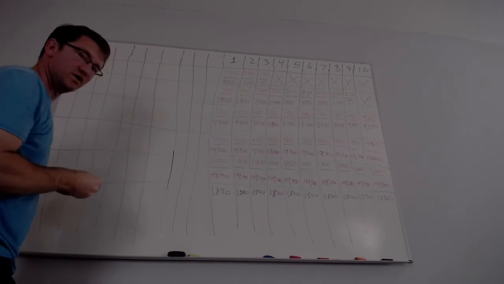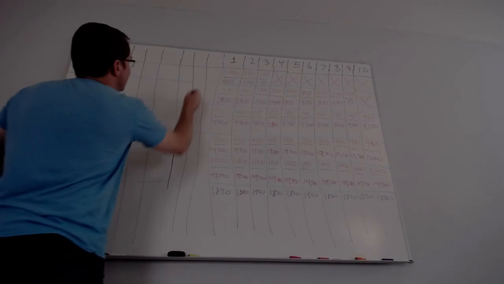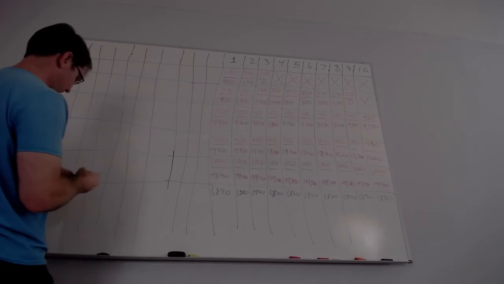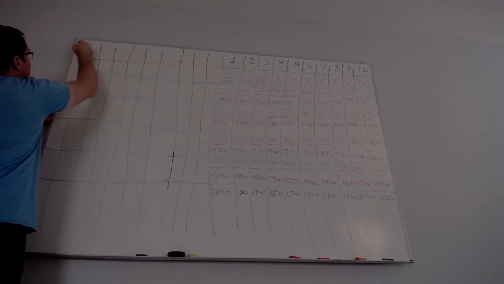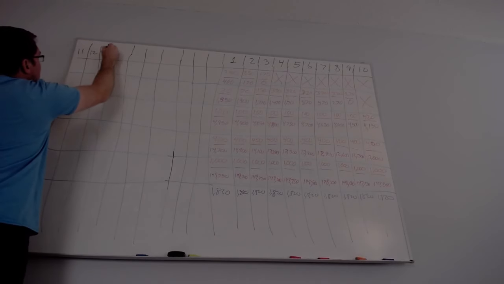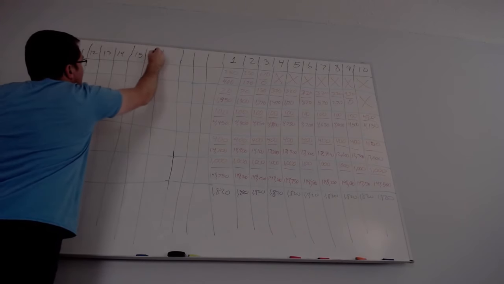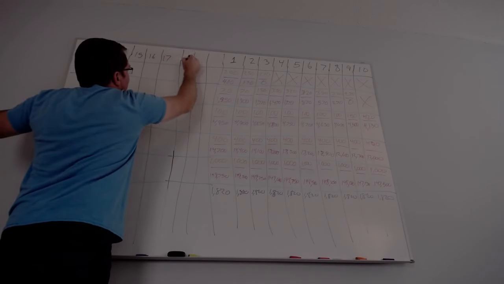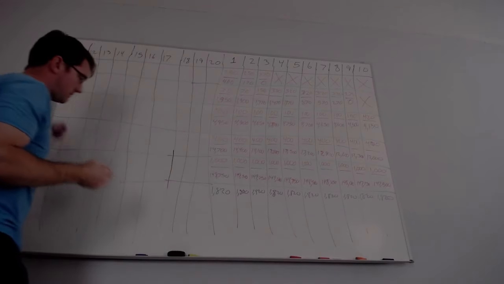Somebody's gonna get real skinny. Sorry. Okay, all right. So months, let's see. So it's about 10, 11, 12, 13, 14, 15, 16, 17, 18, 19, 20.